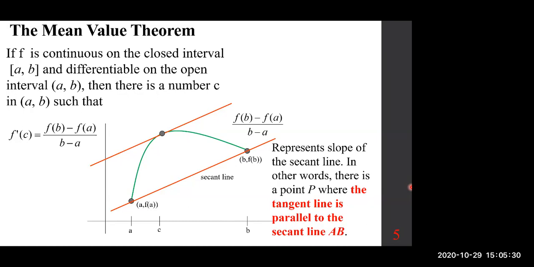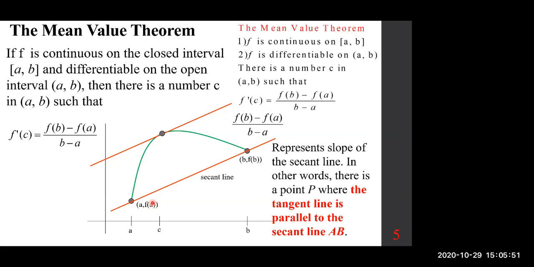In other words, there is a point P where the tangent line is parallel to the secant line AB. So the mean value theorem, in short: f is continuous, f is differentiable, there is a number c in between such that f prime of c is f of b minus f of a over b minus a. So that's the synopsis of it.